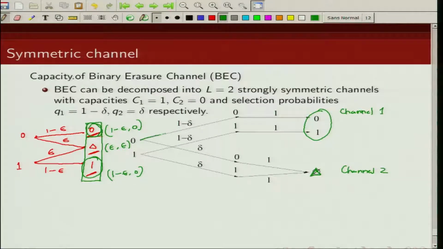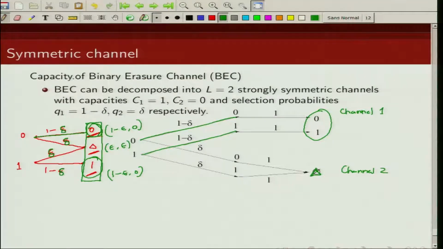Now what is this selection probability? From the inputs 0 and 1 I reach this set consisting of output symbols 0 and 1 with probability 1 minus epsilon. Let's make it delta, because in the text I am following it is 1 minus delta.